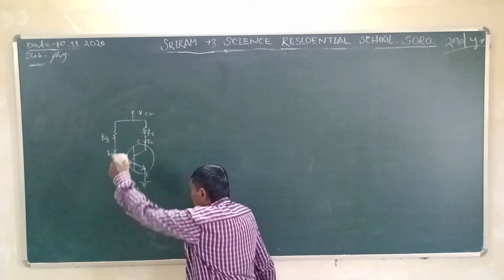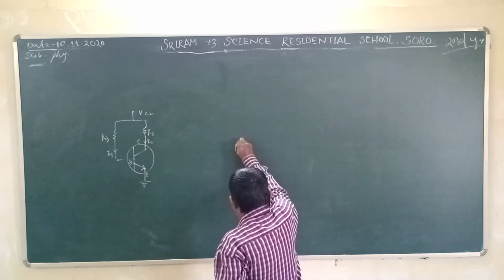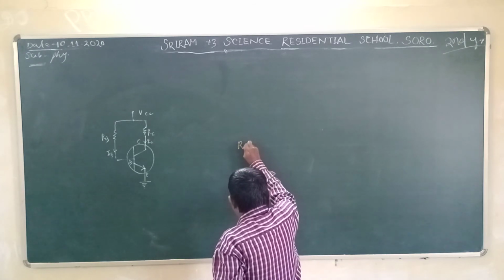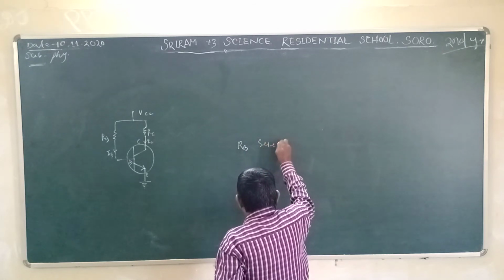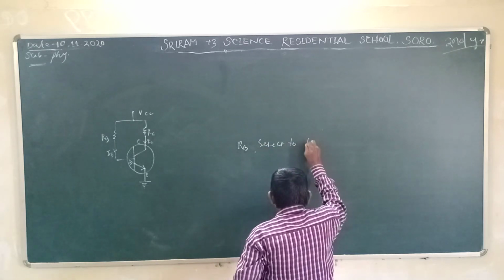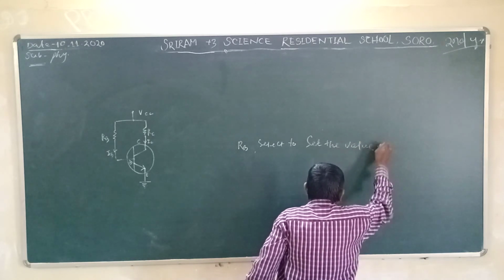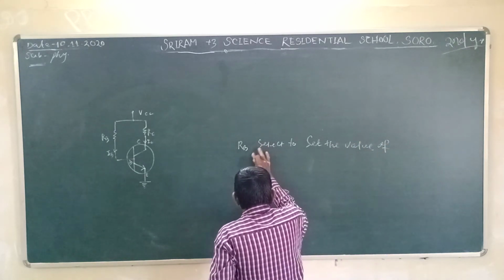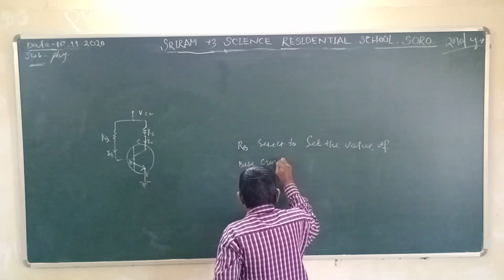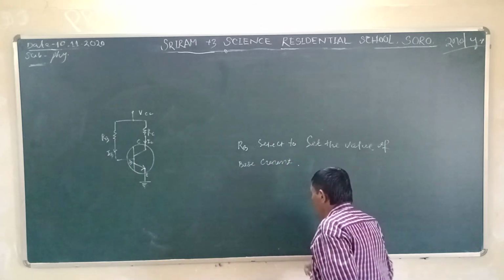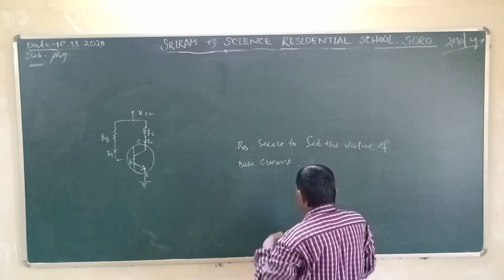So this RB, the base resistor, is selected to set the value of the base current.